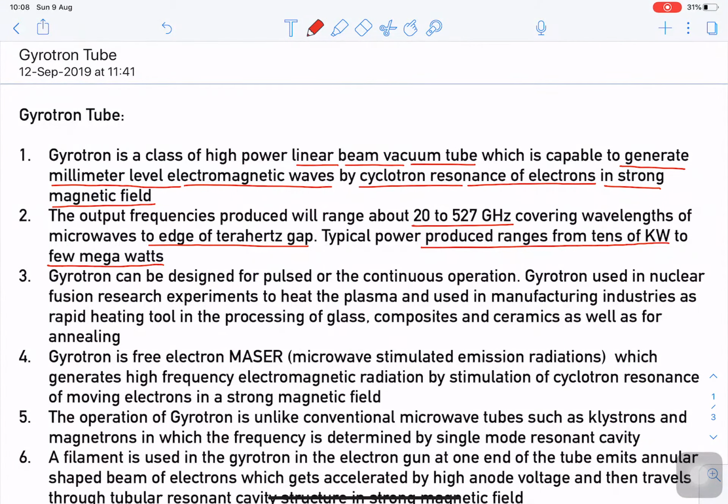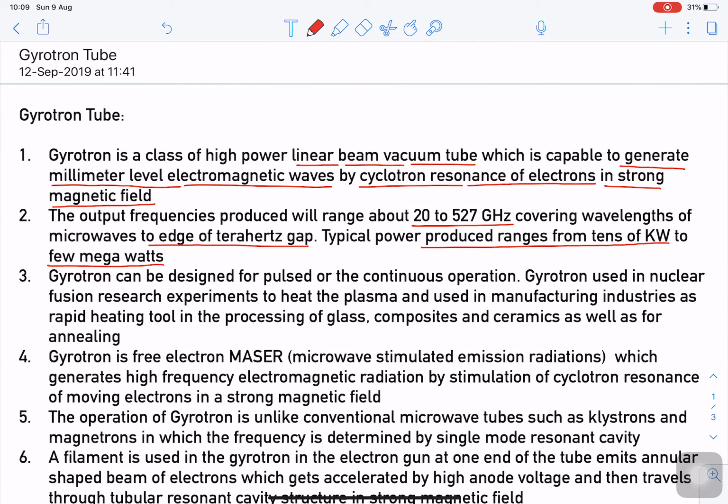So this is the biggest advantage. At such a high frequency, we can achieve the signal at a very high power level, ranging from tens of kilowatts to a few megawatts, which is very advantageous, right?